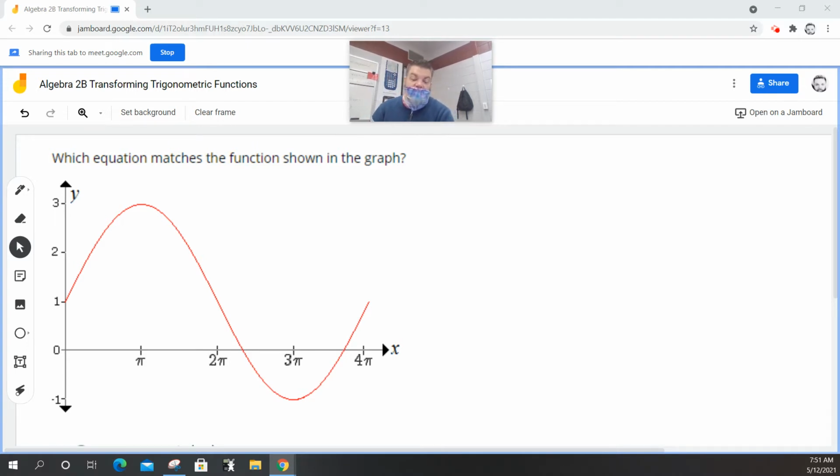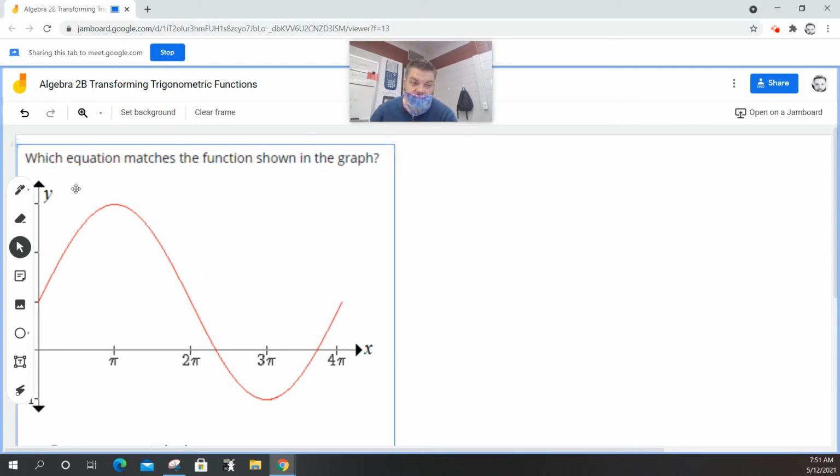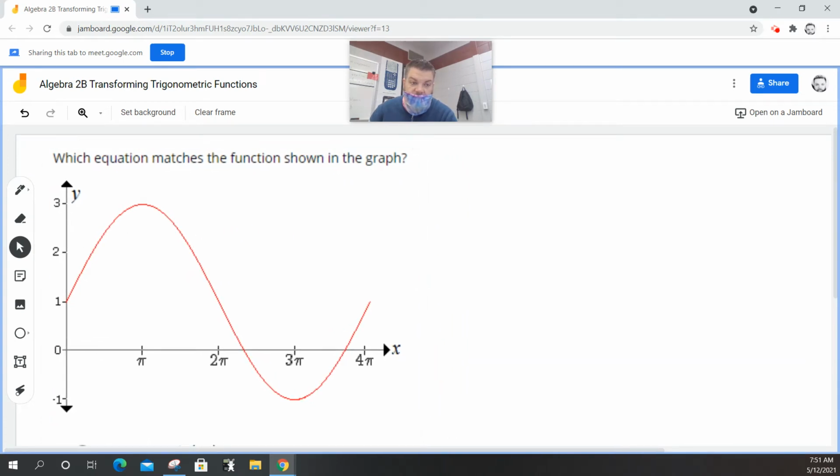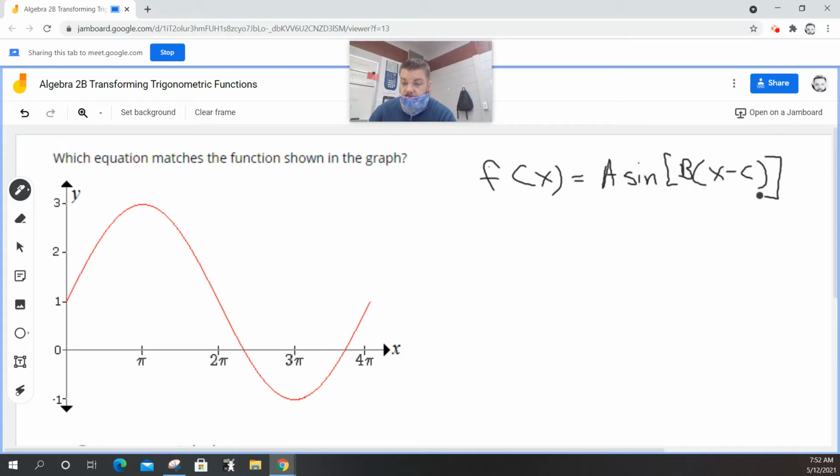So let's remember, you can almost do this without looking at the equation, but let's remember that if we say f of x equals a sine of b times the quantity x minus c plus d.